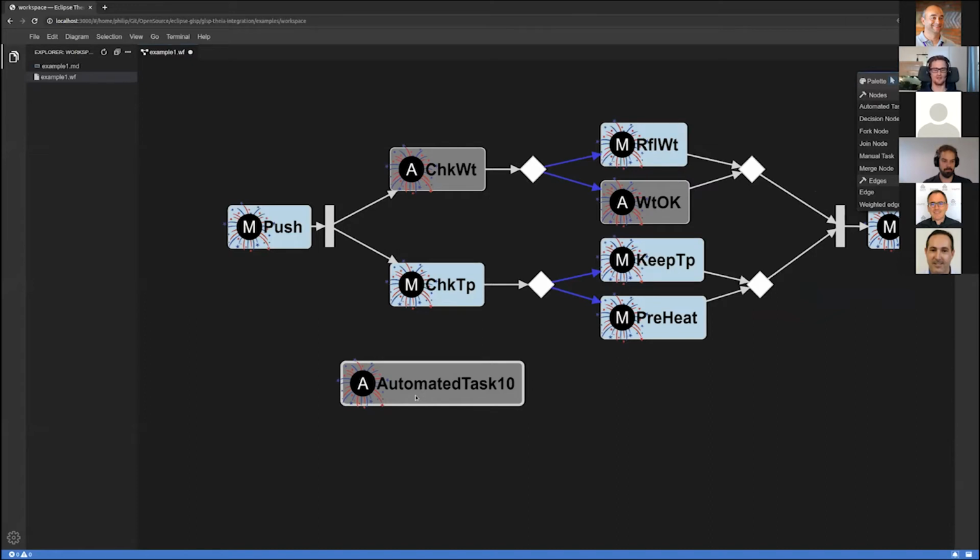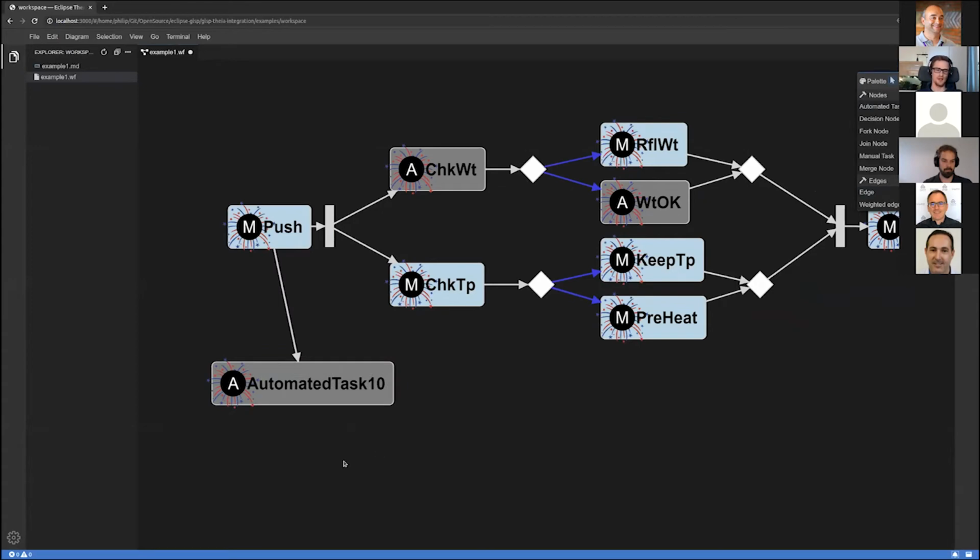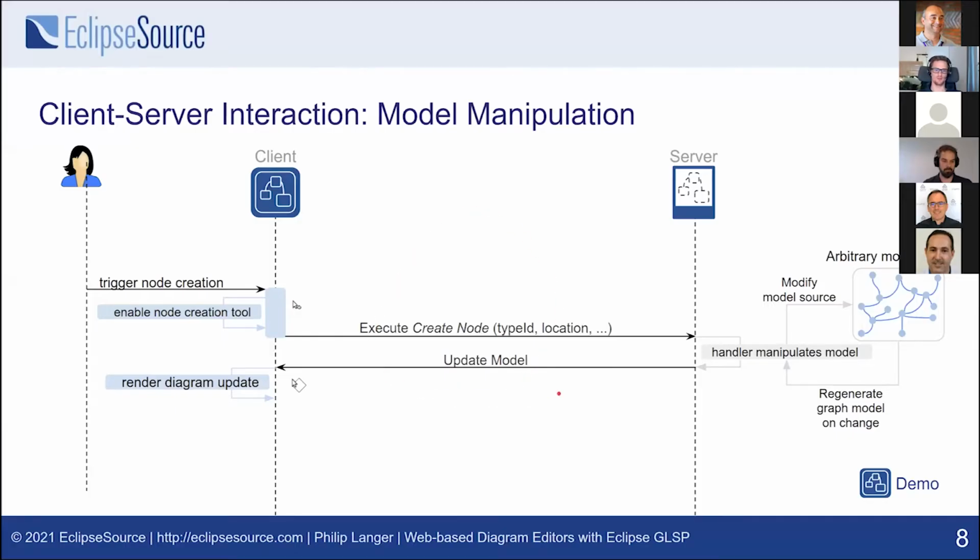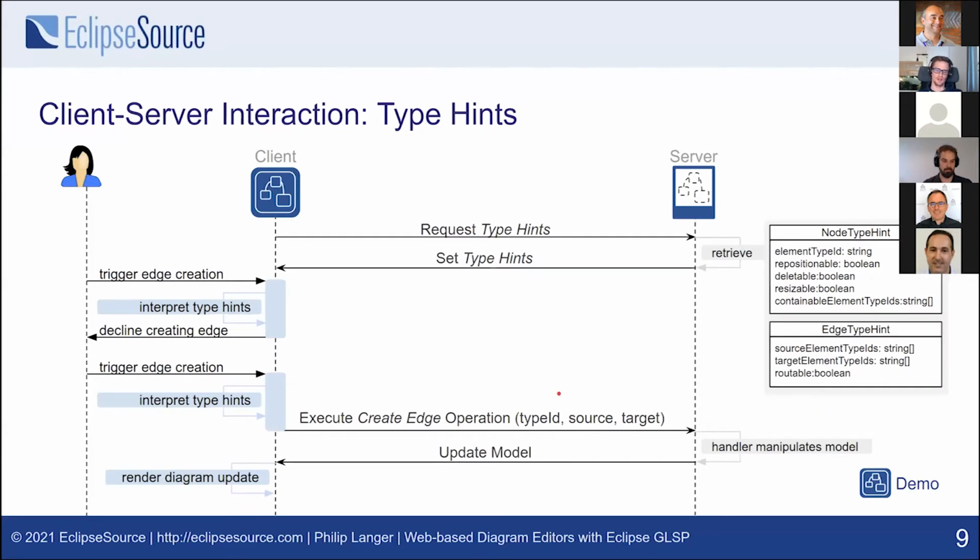And then the server did the rest. Of course, this works the same way for edges and stuff like that. The same is also true for other editing capabilities. Whether you can connect, which elements you can connect, or which labels you can change, the actual modification is always done on the server with exactly the same round trip that we have seen here.